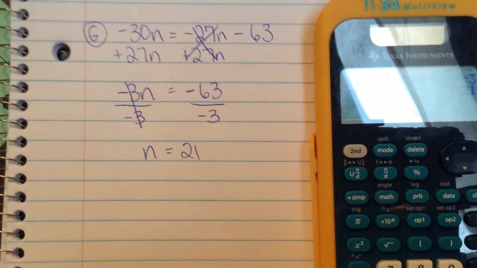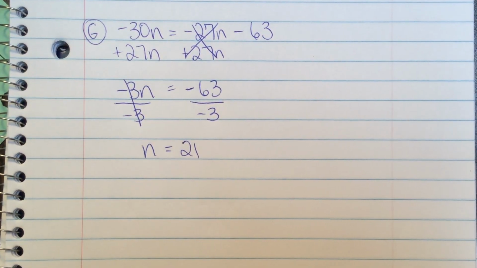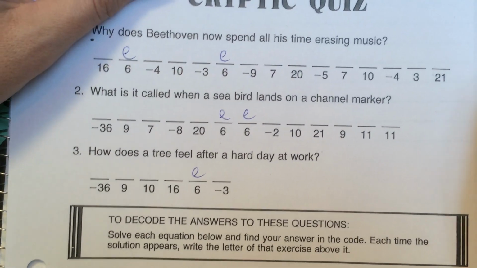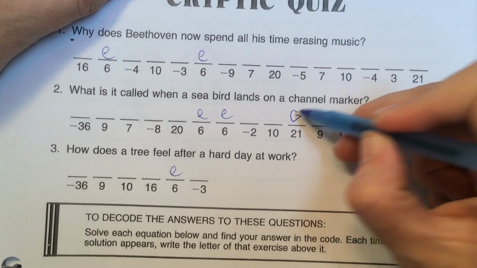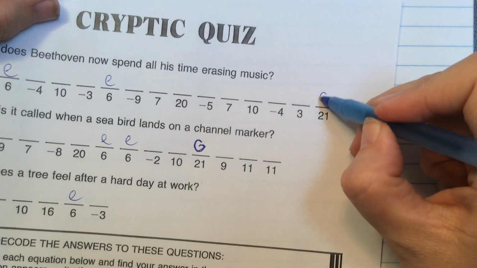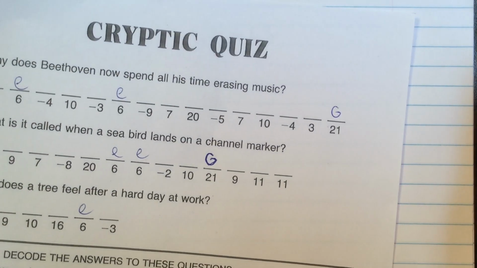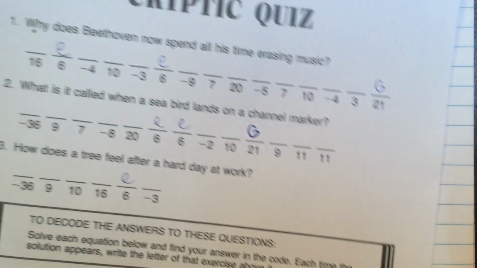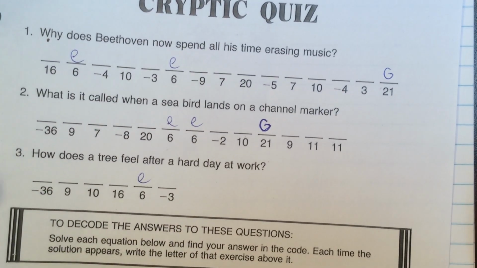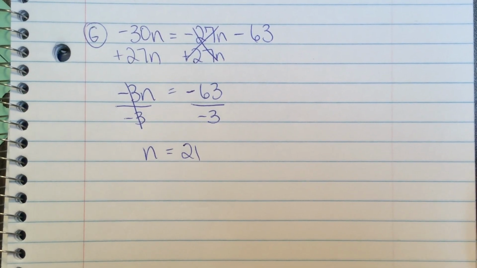So positive 21 is G. So everywhere there's a positive 21, I'm going to put a G. My G's are looking a little wonky there. Okay, I only found 2 of them.